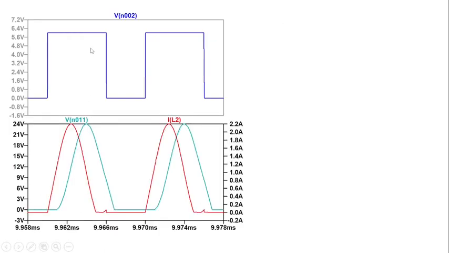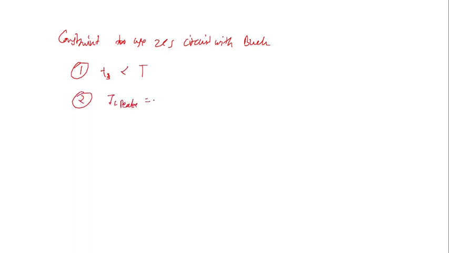Then the first constraint to use the ZCS circuit, the buck converter, the first thing, T3 should be less than the time period T. The second point depends on what is in your hand, the IL peak current, because it also decides the current stress on the switch, the device.